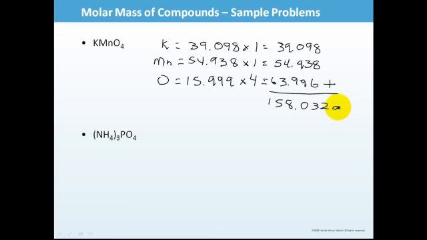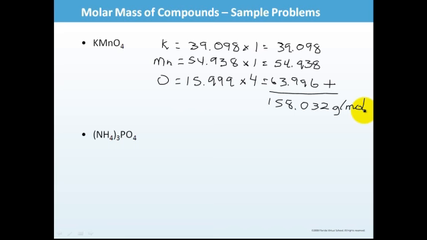Remember, the units for molar mass are always grams per mole. Take a moment and write that number down, because we will want to use that in our next practice problem. So make sure you have that written down and handy. We're going to use it in a moment.